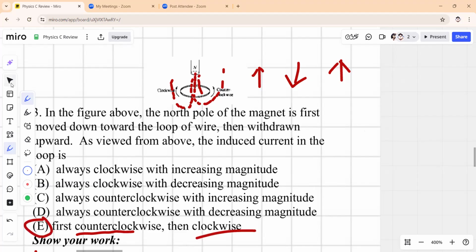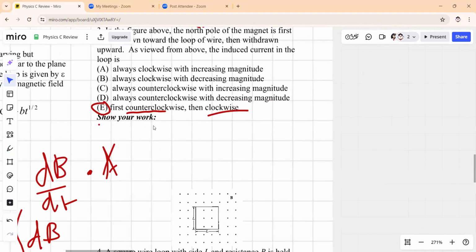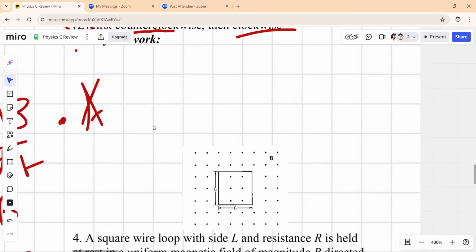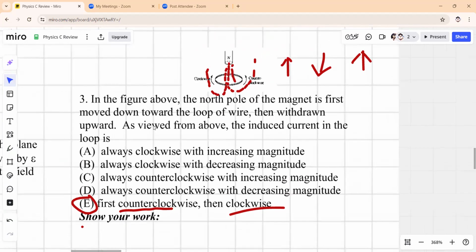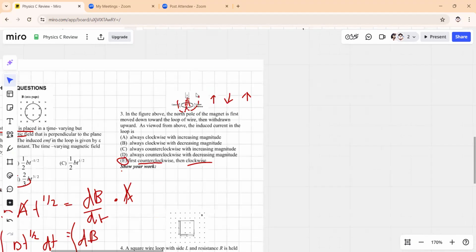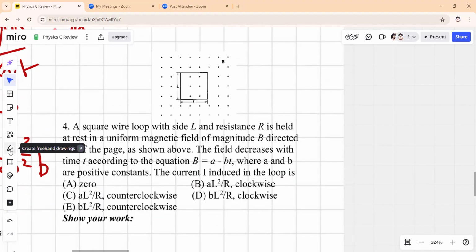So in classic test fashion, the answer is once again the letter E. Is that like a common thing? No, just last test. I think one or two units ago it was mostly E's. That's a funny test.